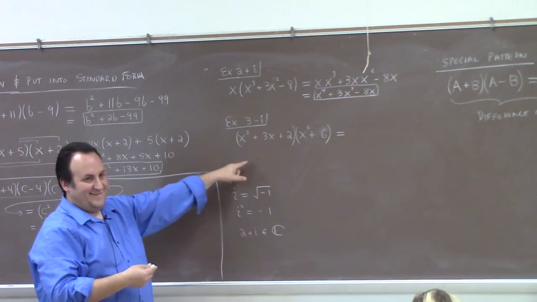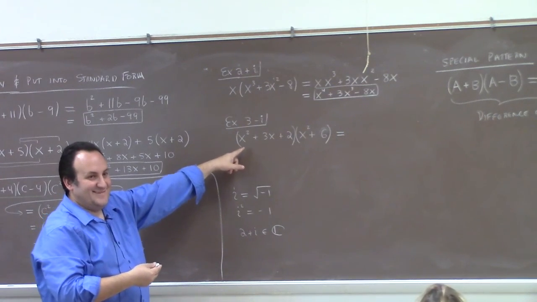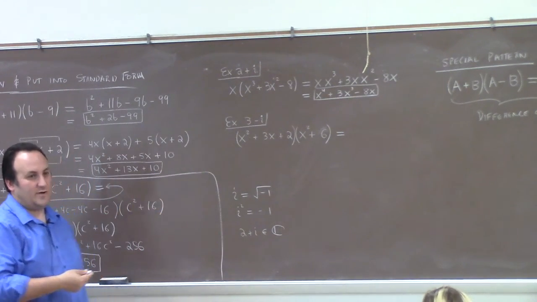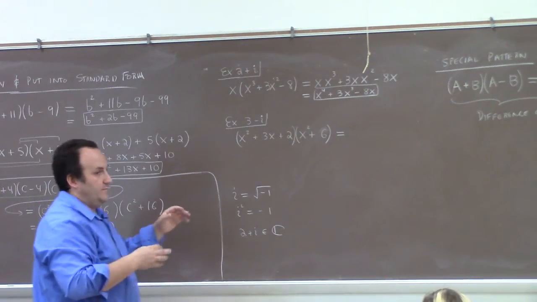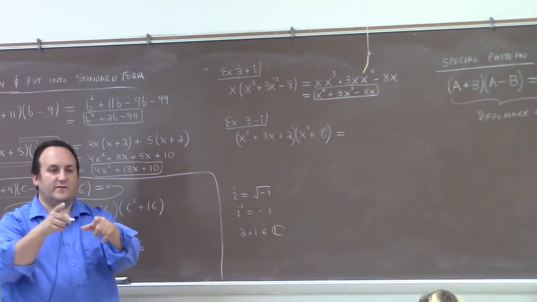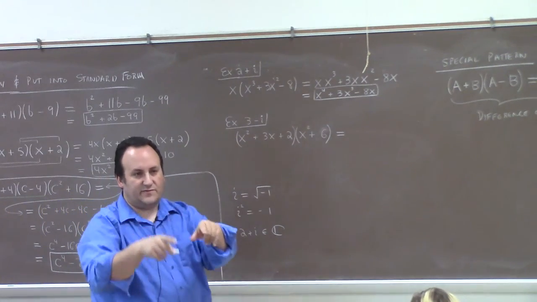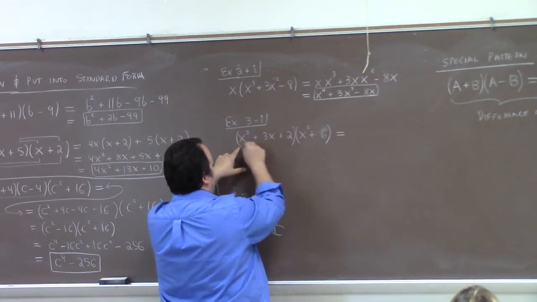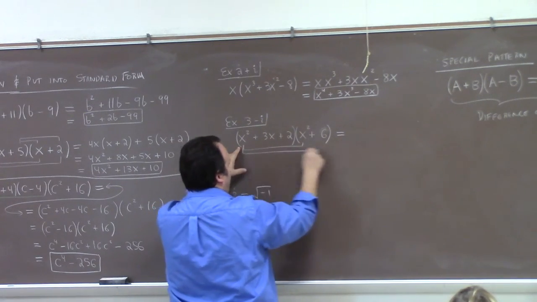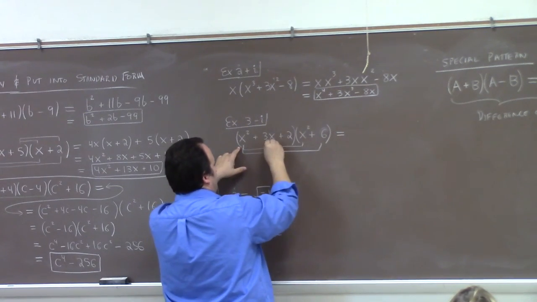Aha! Foil that! See, that's the problem with FOIL. Unless you understand what underlies FOIL, which is the distributive property, then you're fine, right? You could say, the FOIL here is those arrows you're drawing, right?